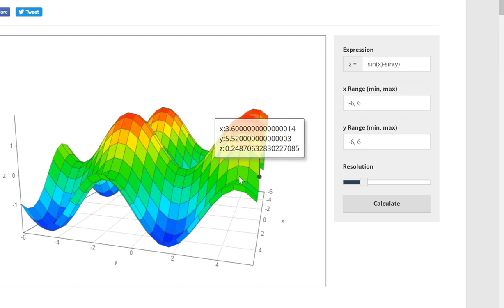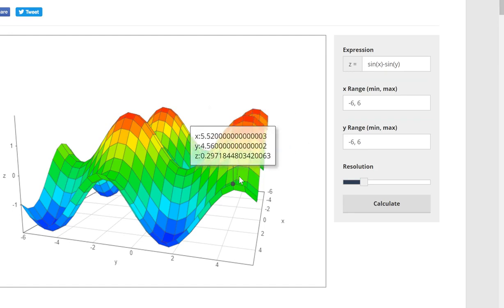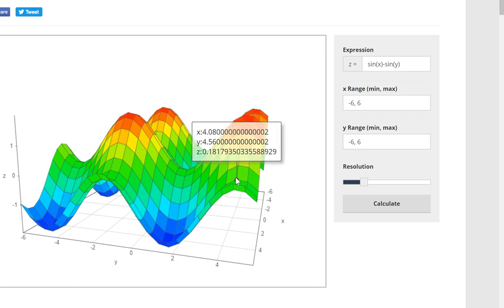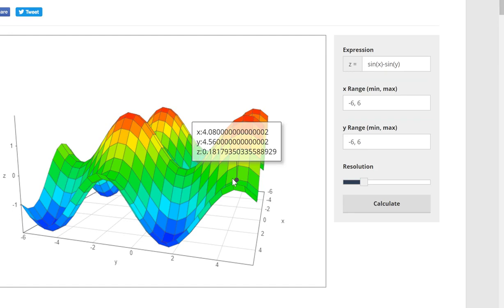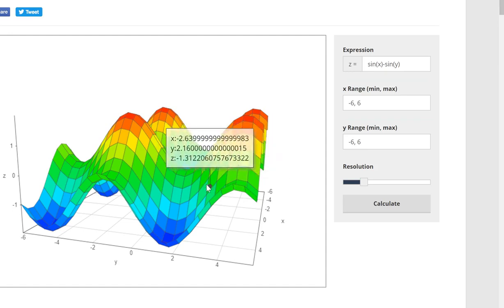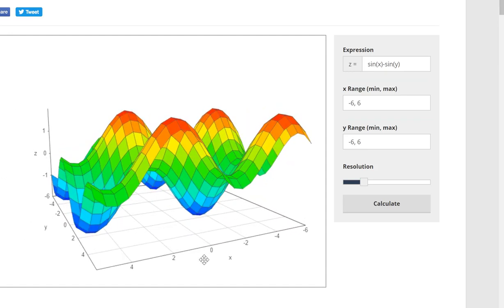So if you notice, going in the strict x direction, if you look at where 4, 4 is, let's just say it's there. In the strict x direction, it's going down, and in the y direction, it's going up. So let me spin this around.